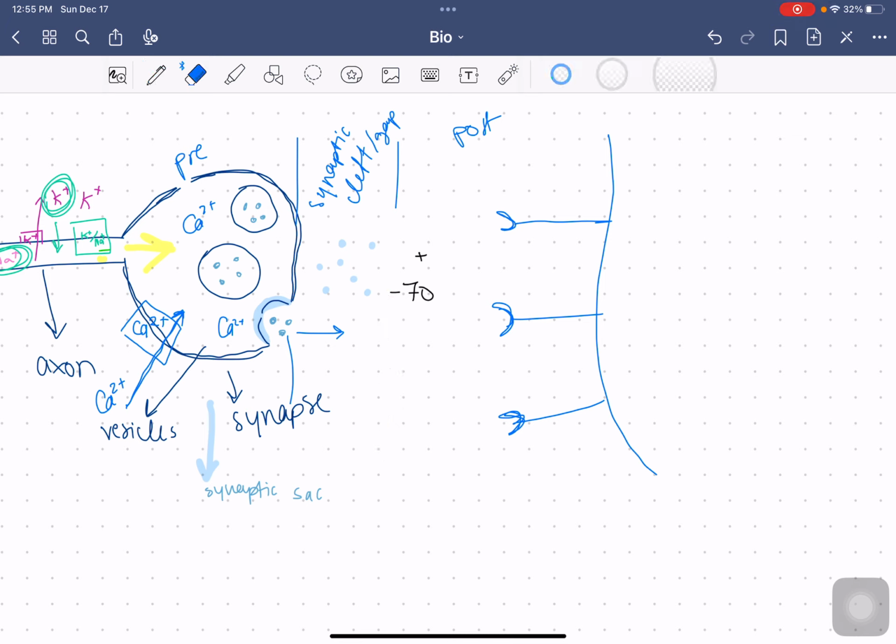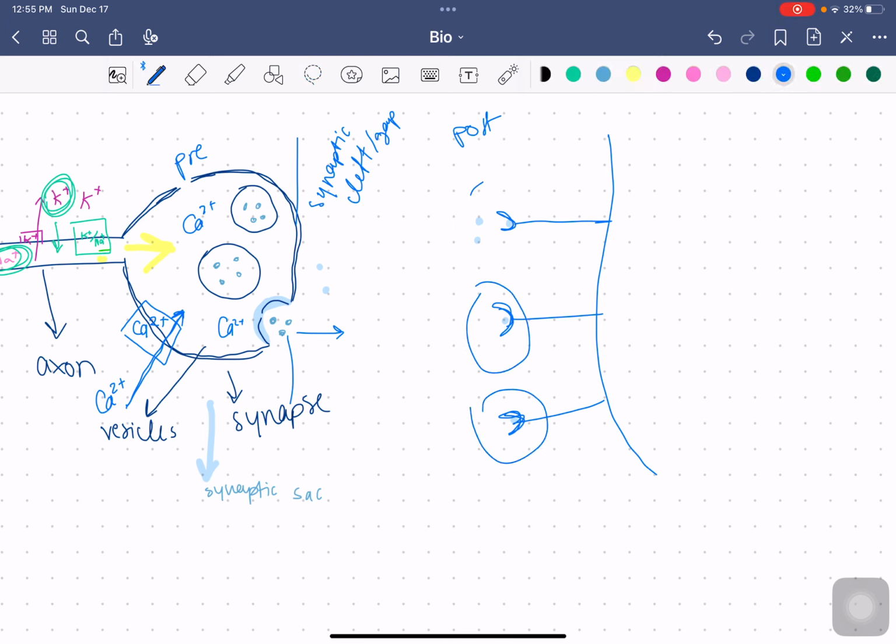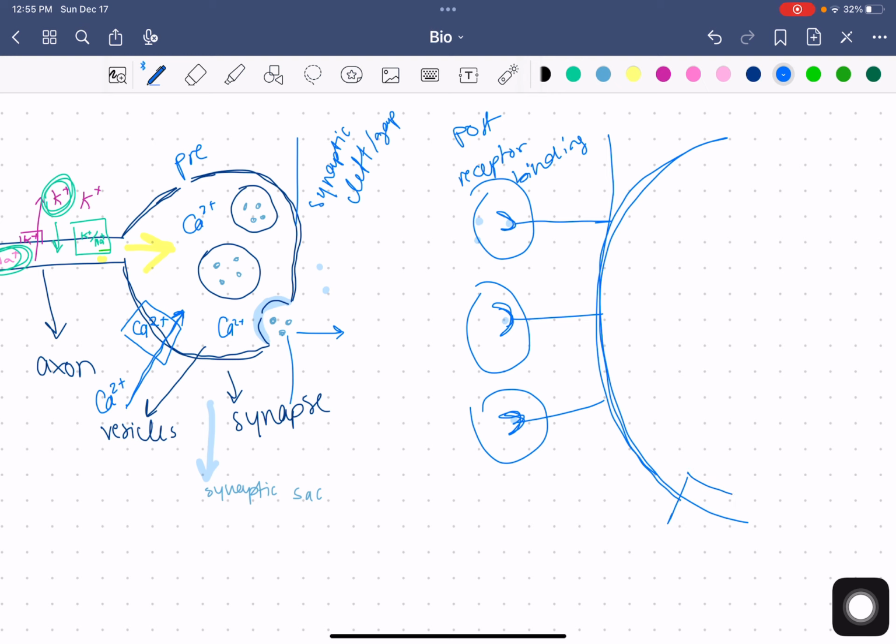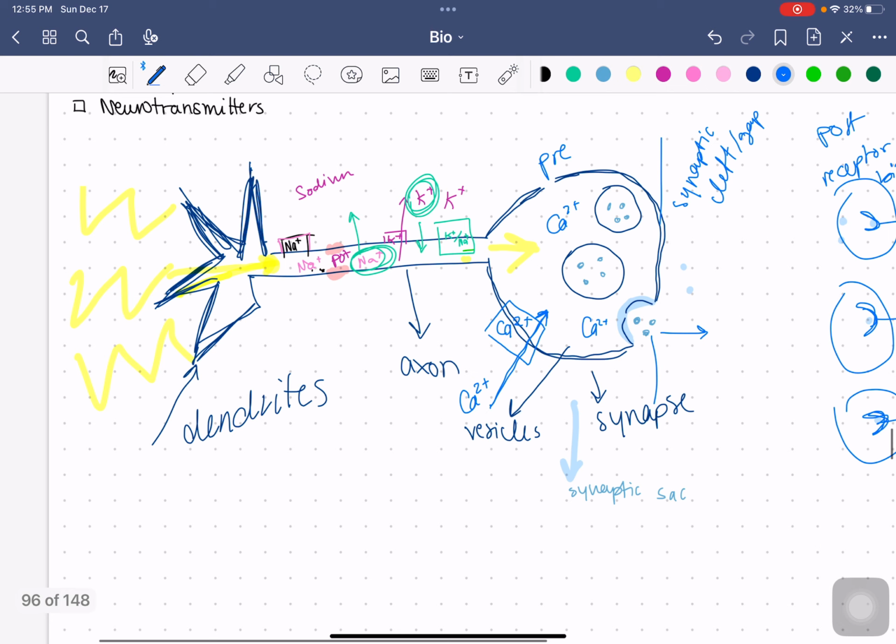So what the neurotransmitters are going to do is that they're going to diffuse across this little space. They're going to diffuse until they hit a receptor. Each neurotransmitter is going to get into a receptor, and this action of the receptor binding is going to stimulate the post neuron to open its sodium channels, and look, the process repeats itself.